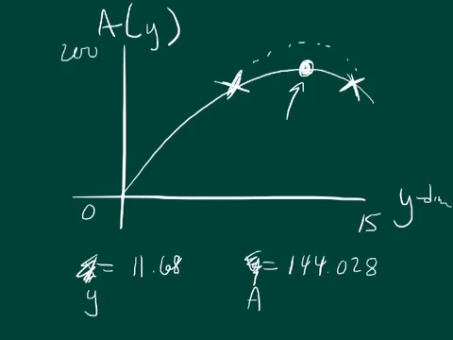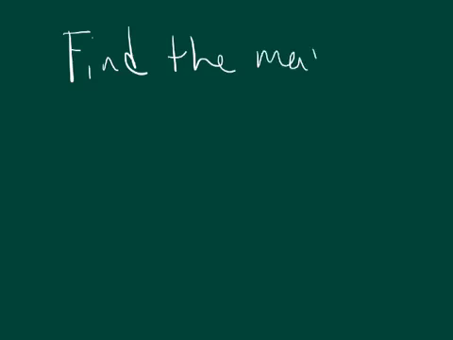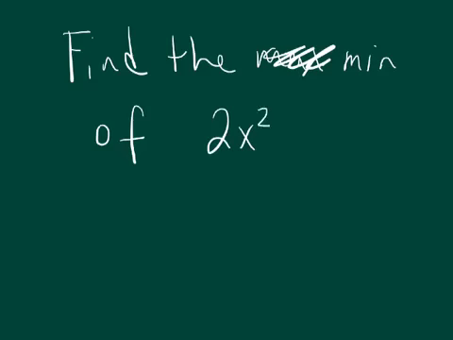So if you ever have a function, let's say a simple problem I give you on the test. Ready? Find the min, just to make it a little different, of 2x squared plus 4x minus 7.